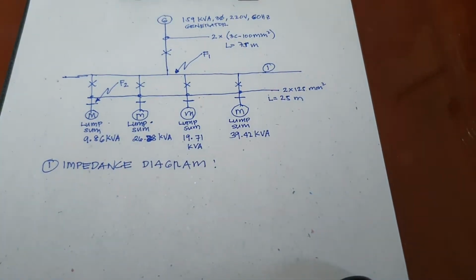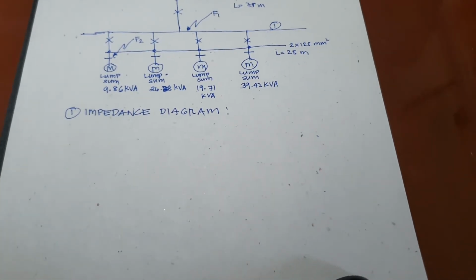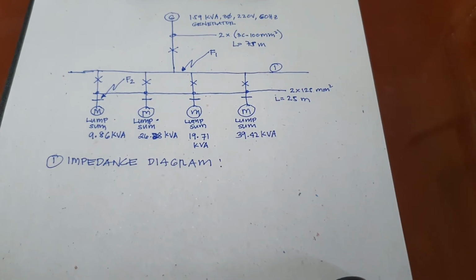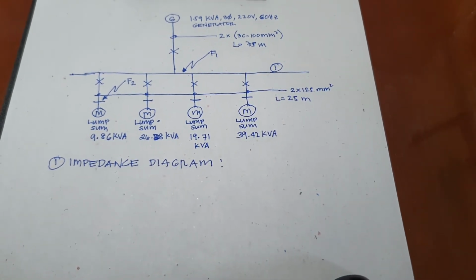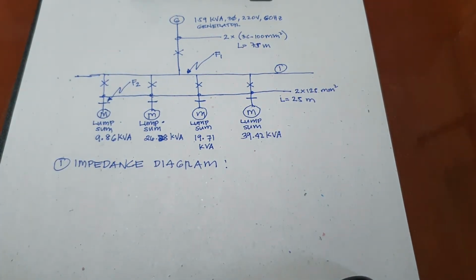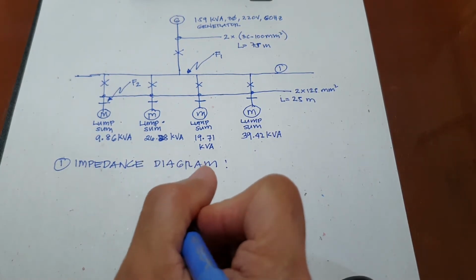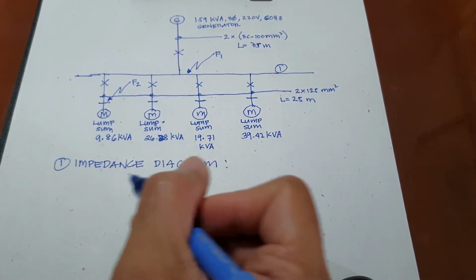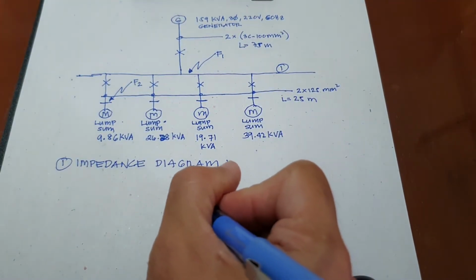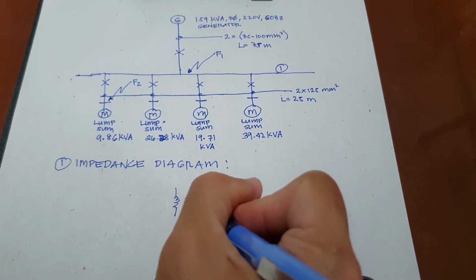In this sample power system, first let's start from the impedance diagram of the generator. Let's say this is G.